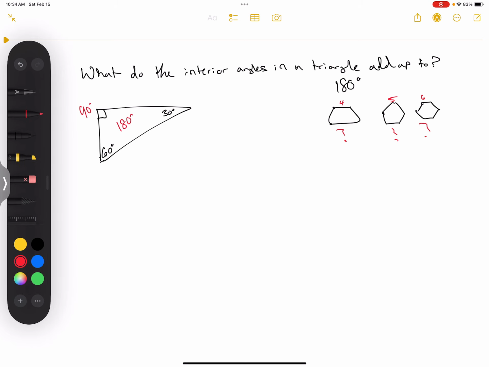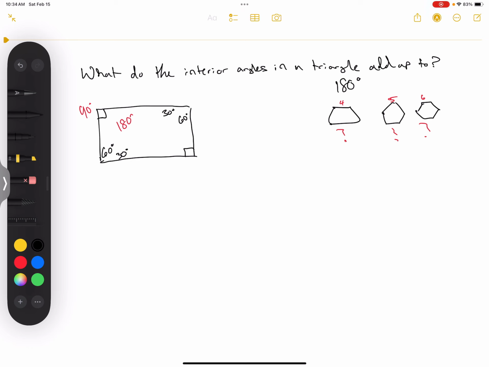So as a bit of a demonstration, I'm going to take this triangle and I'm going to mirror it on this side. So here we have our 90 degrees now over here. We have a 30-degree angle here, and we have a 60-degree angle here. But if we put that whole shape together, if I erase that diagonal, what shape do I have now?